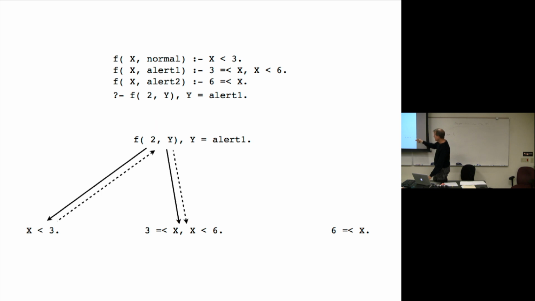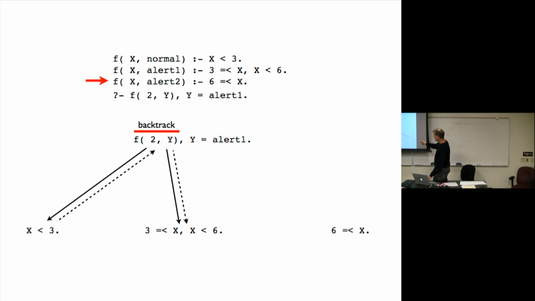It comes down to here, and it does this. But what did we say x was instantiated to? 2. So what happens here? It fails the first comparison. So what happens? Comes back up here with failure. But then what's it going to do? It's going to backtrack and do this one, yeah? And then what's going to happen?